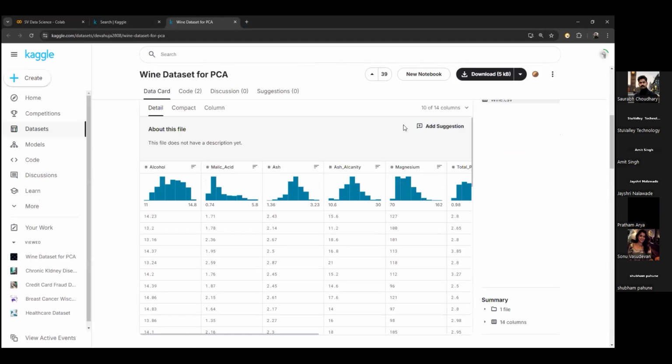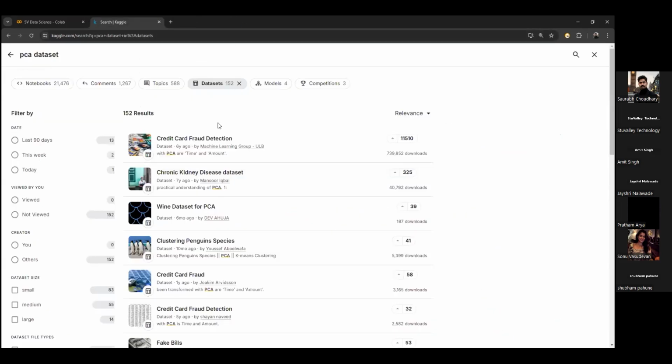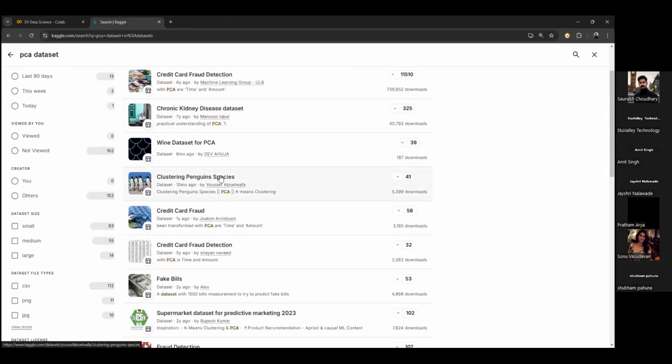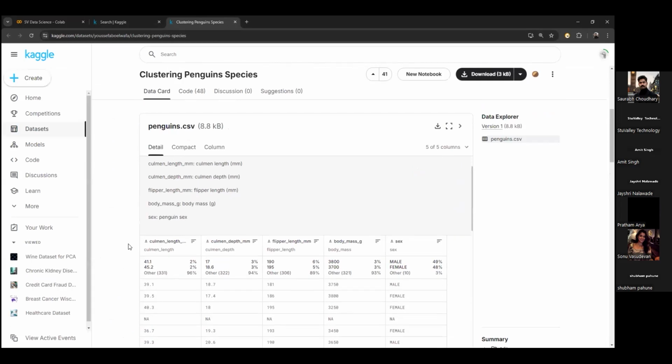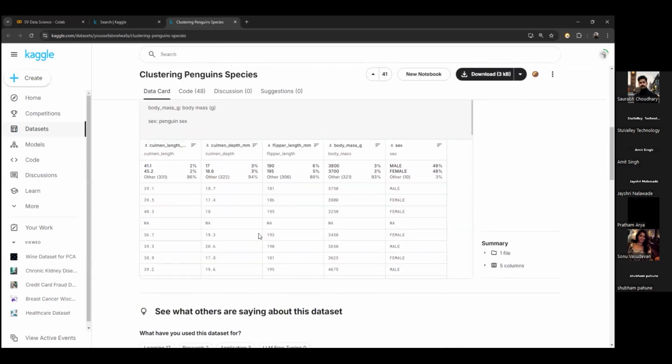I think 8, yeah, 40. Penguin species. 5 columns. Yes, I think you can use this.